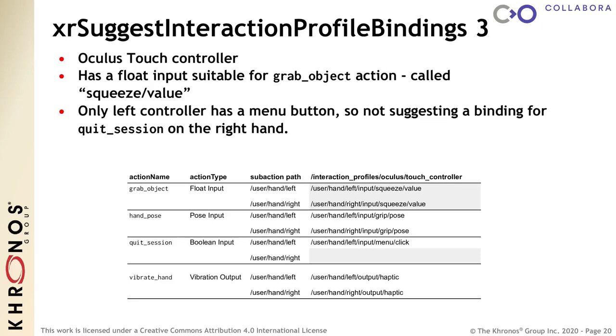So here, the grab object action will get something that's not just limited to 0 or 1, but in that entire range. Additionally, only the left controller has a menu button. So in this case, we're only suggesting a binding for the left hand for quit session, which uses the menu button. User hand right, we're not suggesting a binding, and that's okay.